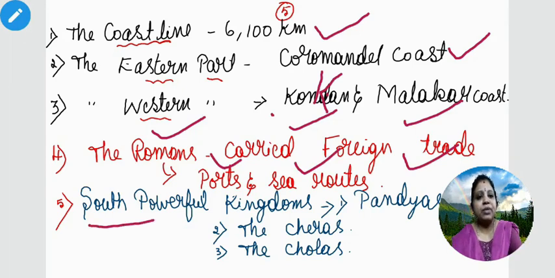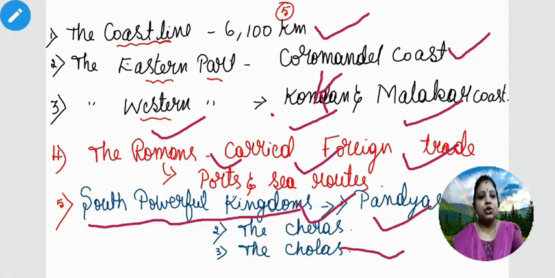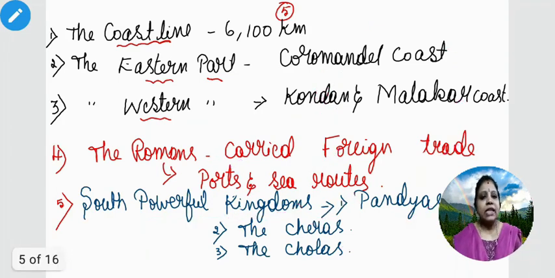Some of the famous powerful kingdoms established here were the Pandyas, the Cheras and the Cholas. These are the important points you have to remember about this lesson regarding the physical features of India.